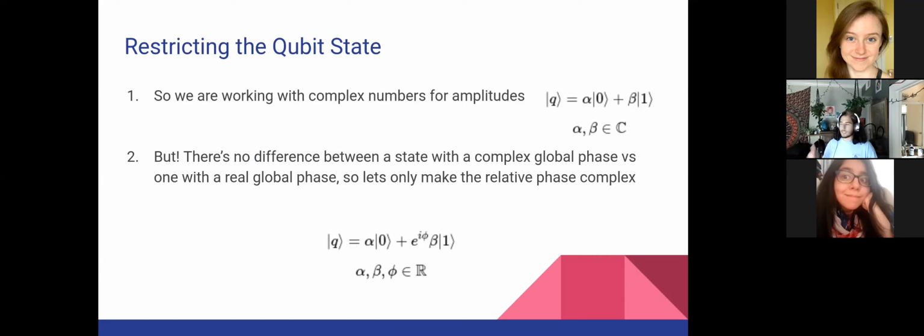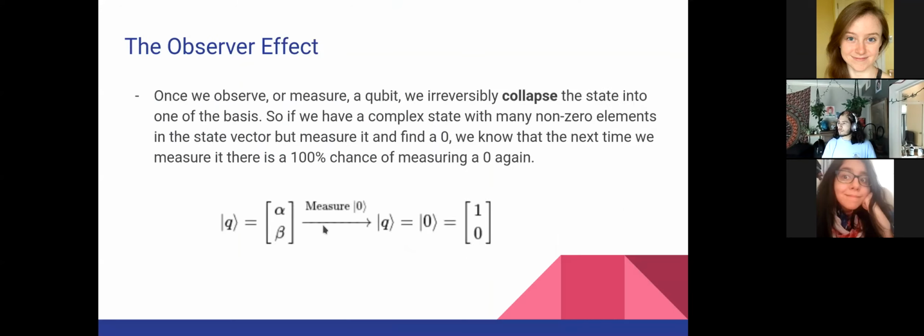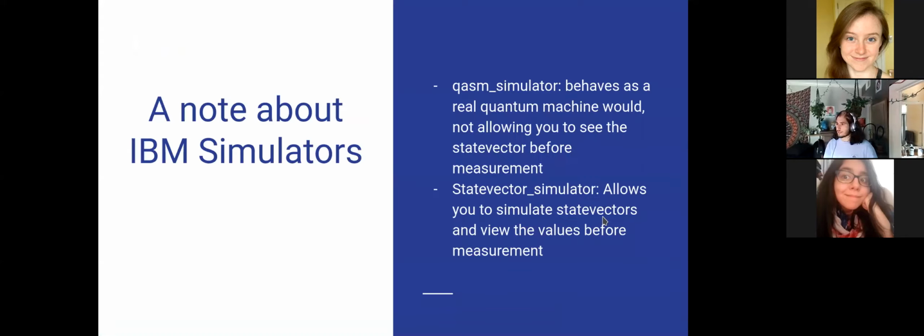Which, awesome, yes, we want to describe as much as we can. But there's no difference between a state with a complex global phase versus one with a real global phase, right? Which we saw back here with this global phase of i. It makes no difference whether we measure X on i1 or just 1. So global phase, we don't really care about.